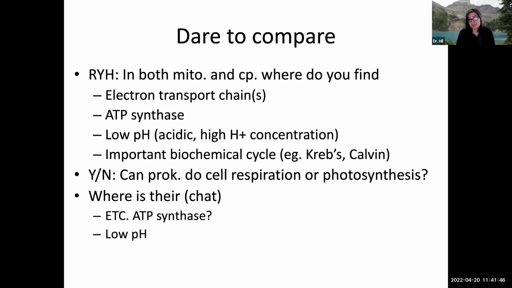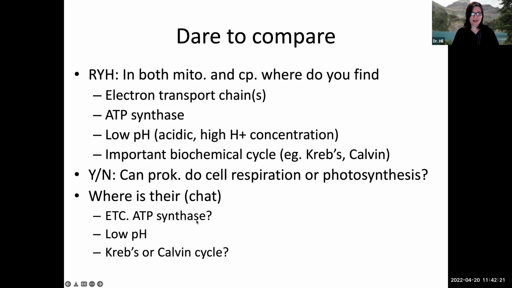Is it the cytoplasm or is it the extracellular space? Okay. And I'm not going to answer that right now. I want you to think about it. I want it to be a question that's bothering you, okay? So that when we talk about it in class, it's very satisfying.